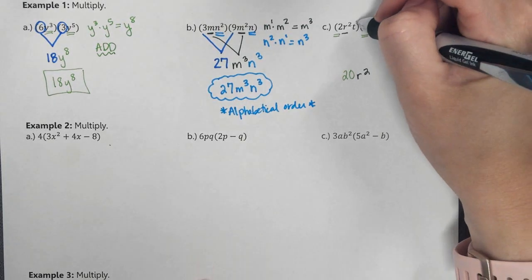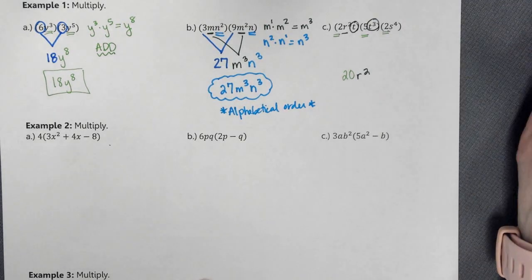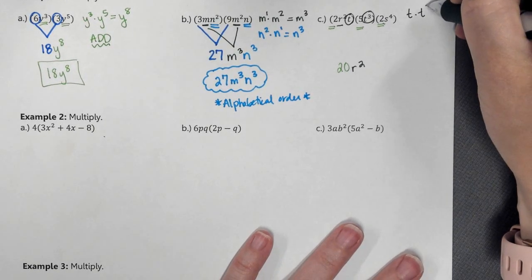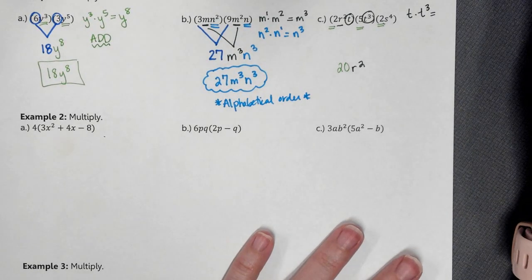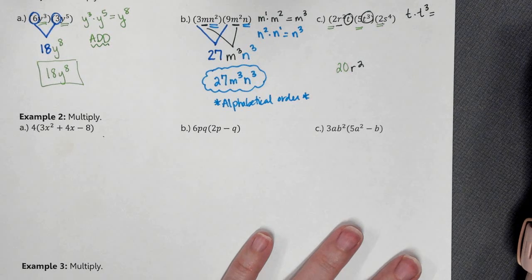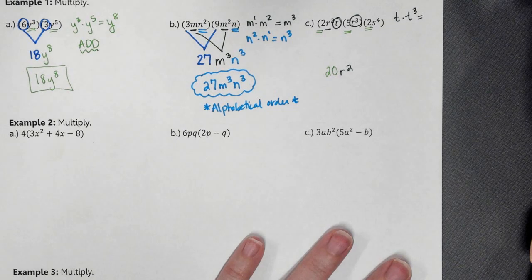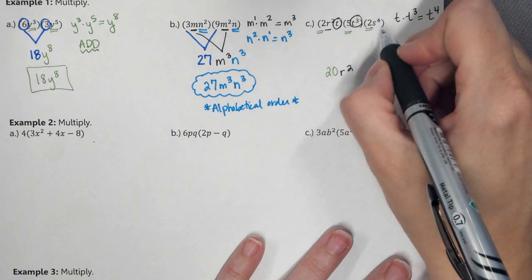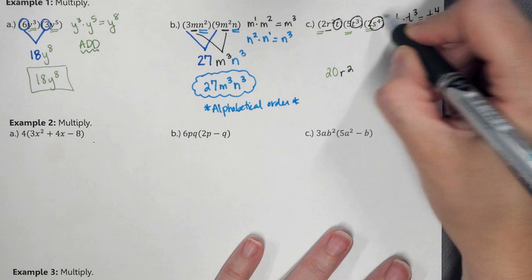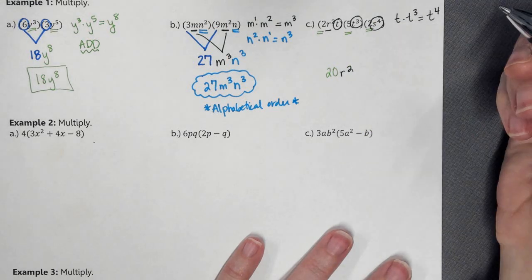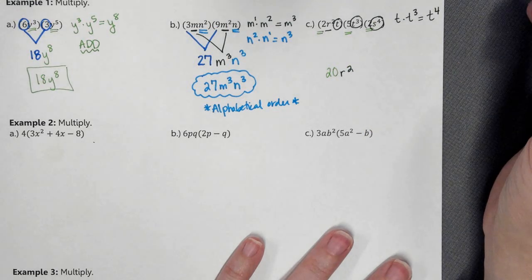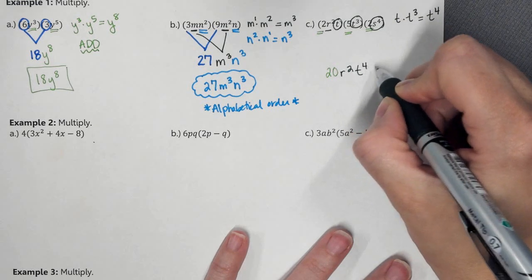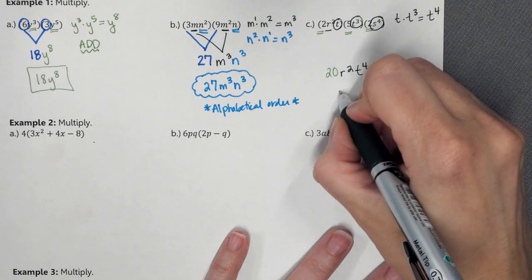And then the t's, you have t and t to the third. If I multiply t times t to the third, Bree, how many t's am I going to have altogether? Sorry, say it again. Yep, good. And then the last one is the s, and there's nothing to multiply that by, so it's s to the fourth. If I'm going to keep this in alphabetical order, I'm going to rewrite it.